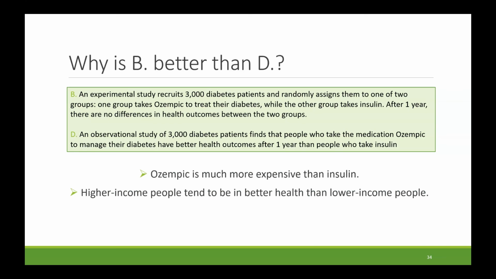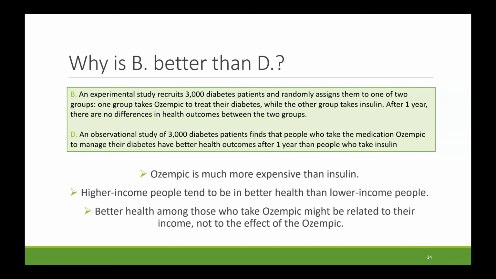So it may be the case that people who take Ozempic also happen to have more money to buy healthy food, invest in exercise equipment, whatever it is, compared to the people who take insulin, rather than Ozempic being the true cause of the better health outcomes. So the better health outcomes in the Ozempic group might be related to their income, not to the effect of the Ozempic.